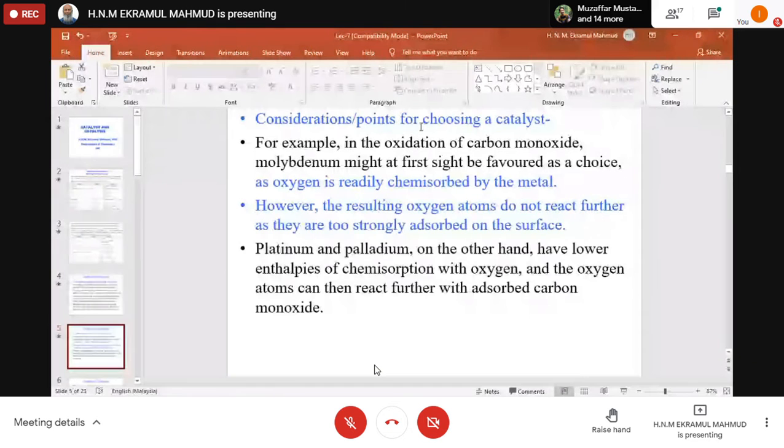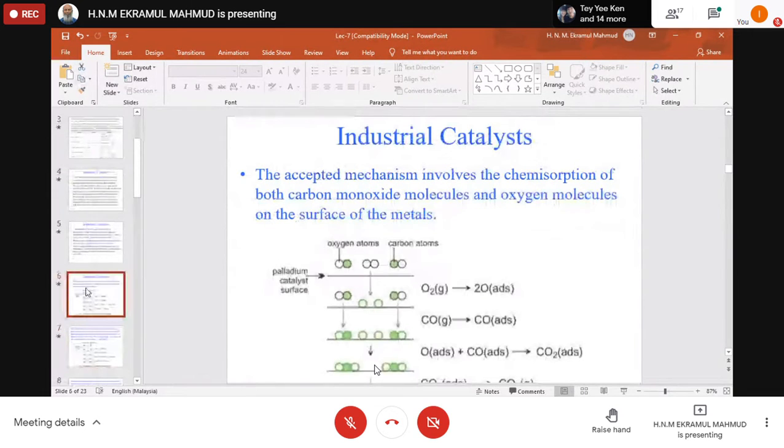Understand? The problem is that it has a high adsorption, so it cannot be used as a catalyst. Rather, platinum and palladium, on the other hand, have lower enthalpies of adsorption with oxygen, and oxygen atoms can then further react with the adsorbed carbon monoxide to produce carbon dioxide.